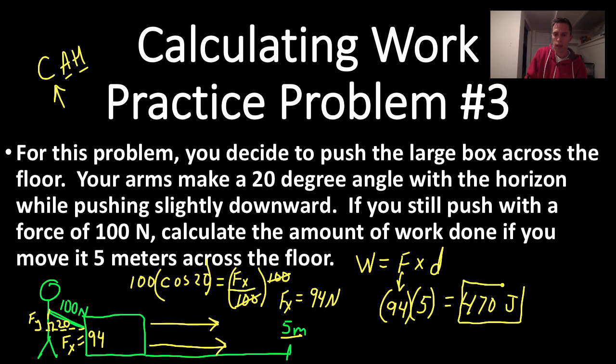So in this configuration you will have used 470 joules worth of energy, worth of work, to move that box a total distance of 5 meters. Anyway, hopefully that helps in solving physics problems involving work.